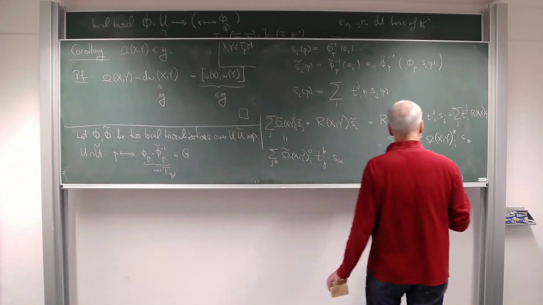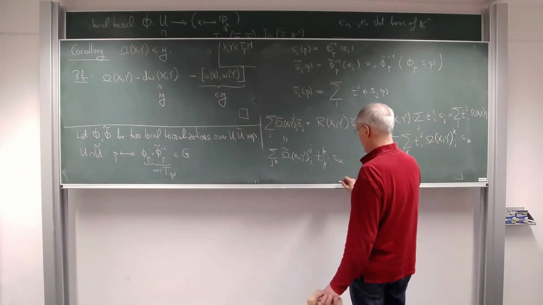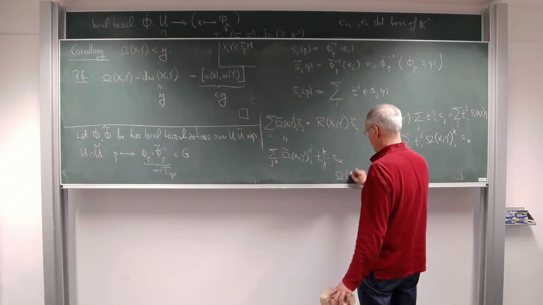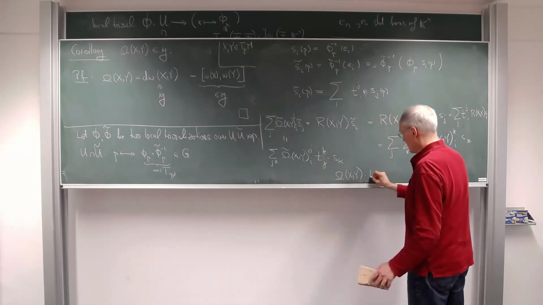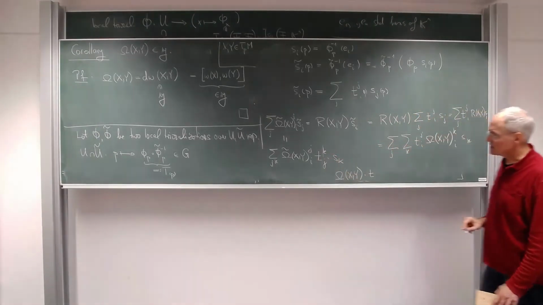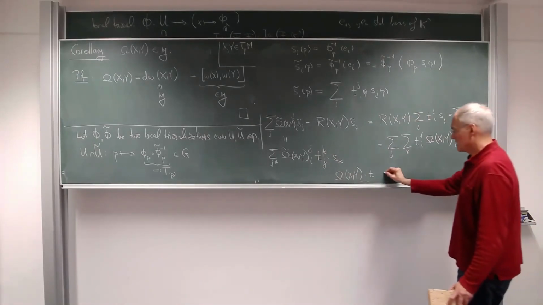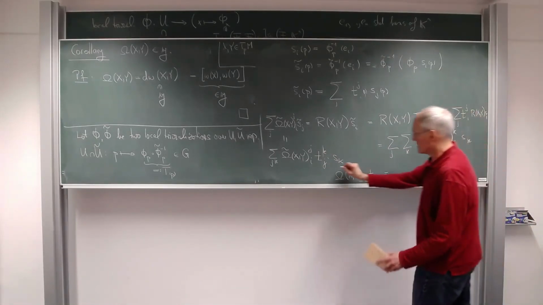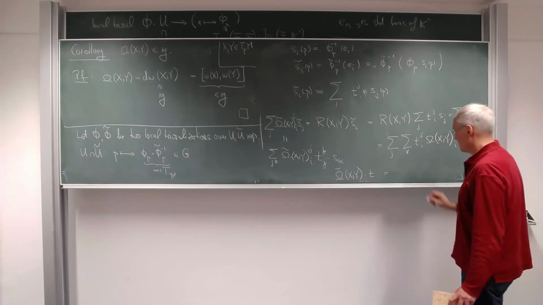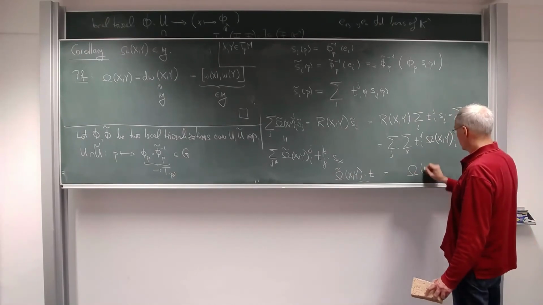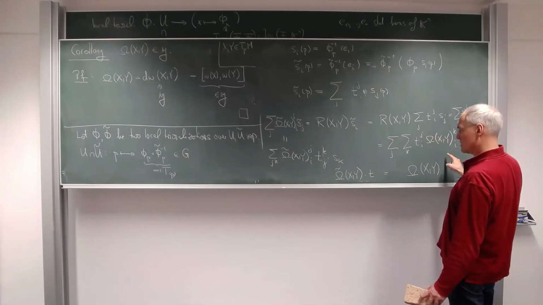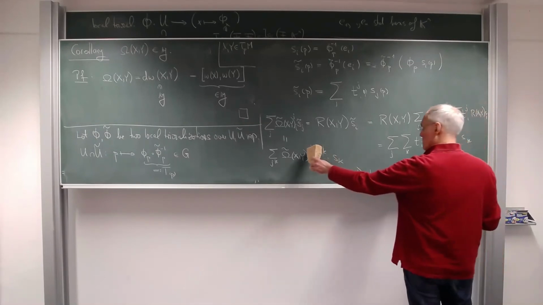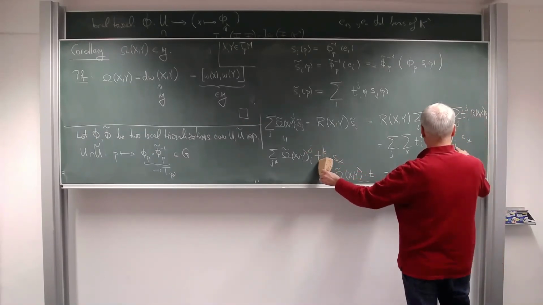So if I compare, then I get that this matrix multiplied by the matrix containing the t's is equal to that matrix, and here the multiplication is over the lower index.